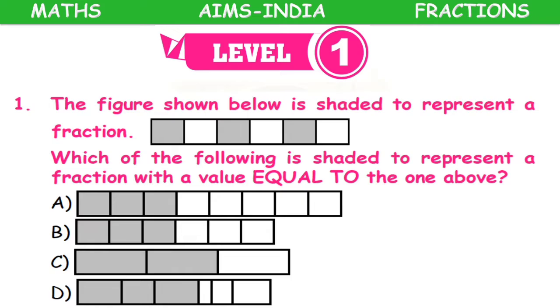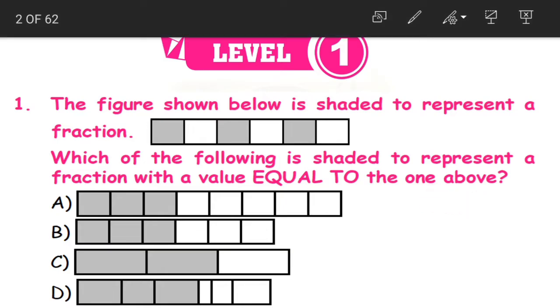Let us start with the first question for today. The figure shown below is shaded to represent a fraction. Which of the following is shaded to represent a fraction with a value equal to the one above? Let us see the fraction represented by this figure, children. How do we write the fraction?